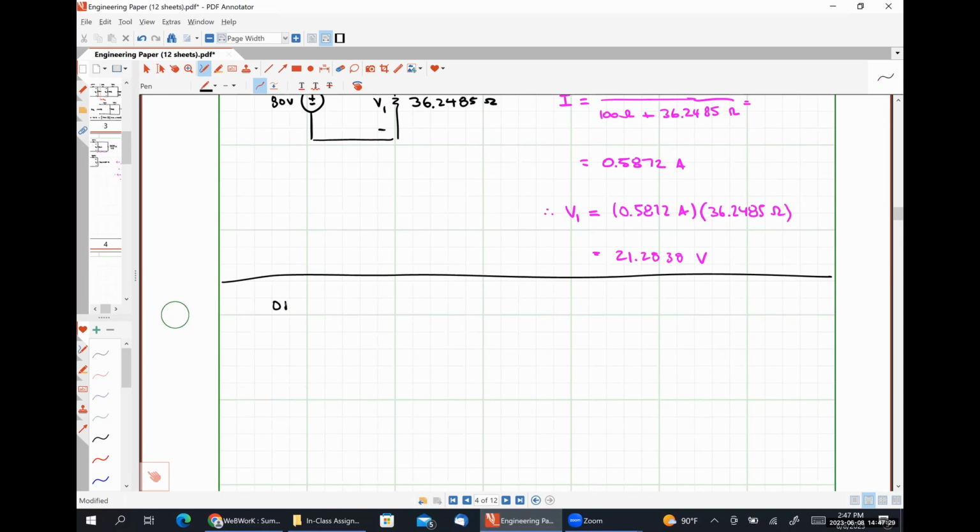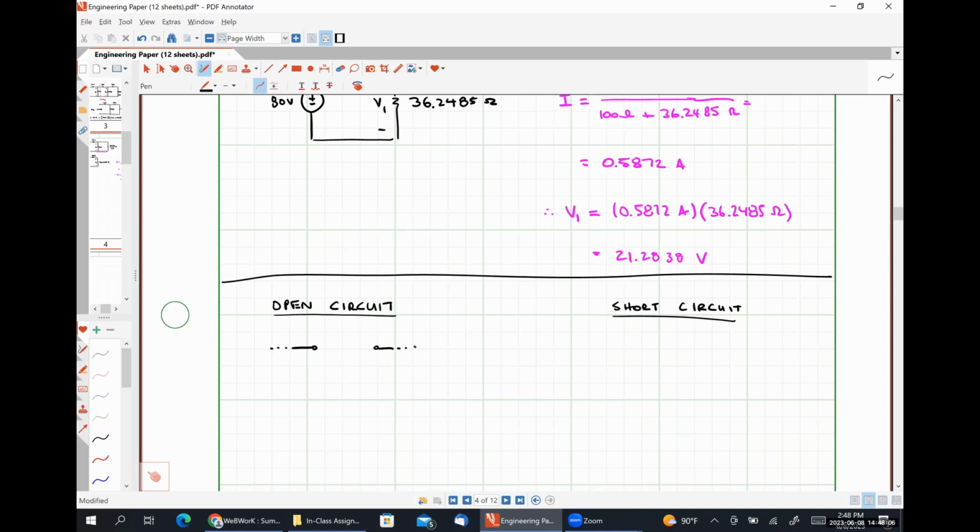So on the left-hand side here, I'm going to represent an open circuit. And on the right-hand side here, I'm going to represent a short circuit. Okay. So for an open circuit, we are just going to have literally 2 open terminals with nothing connected to them as part of a larger circuit.